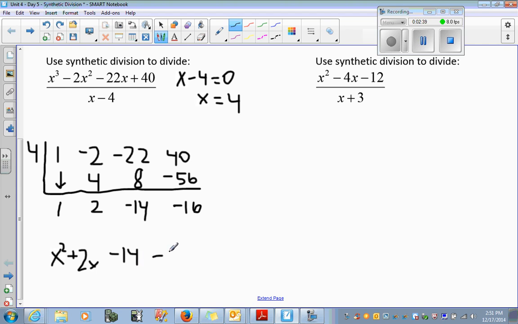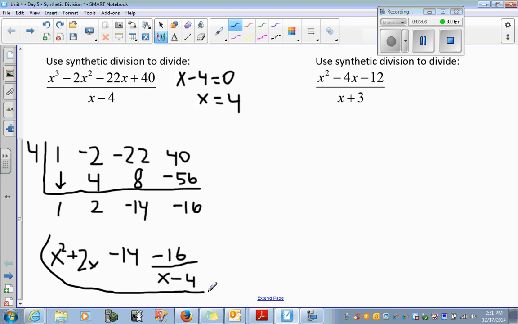The negative 16, that's going to be a fraction. The denominator of our fraction is going to be the denominator here, x minus 4. So this is the answer to x cubed minus 2x squared minus 22x plus 40 divided by x minus 4.